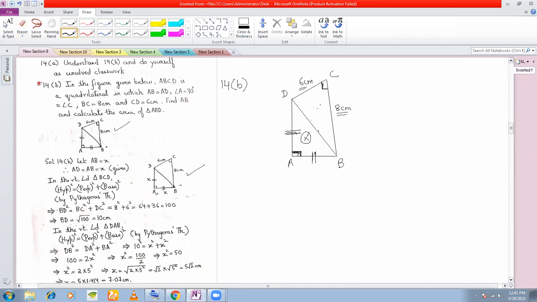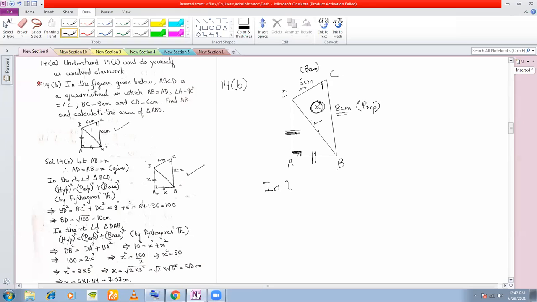Now coming back to this triangle here, we call this triangle BCD. In this triangle, the perpendicular is given to you and the base is given to you. From Pythagoras theorem, you can find out the hypotenuse. So let us proceed to find out the hypotenuse.